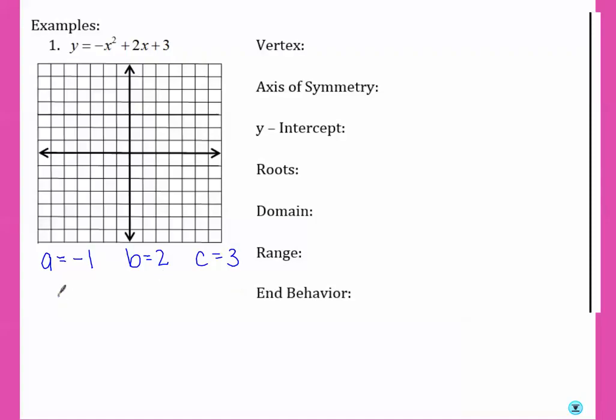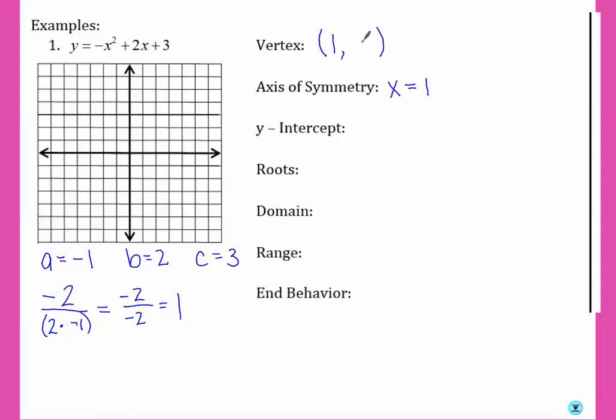To find our axis of symmetry, we know we're going negative b divided by 2 times a. So it would be negative 2 divided by negative 2, which will give us a positive 1. So our axis of symmetry is at x equals 1. And we also know that that will be the x part of our vertex.